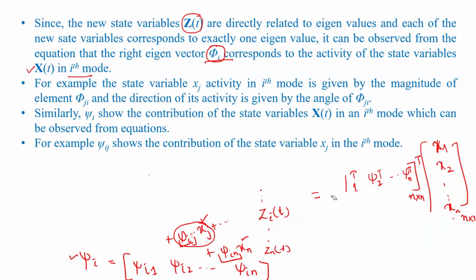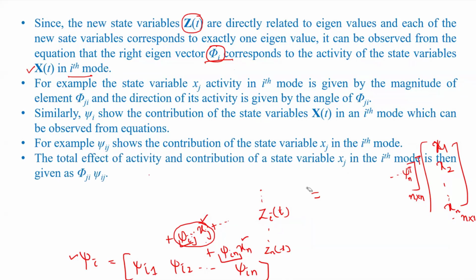Okay, so now the total effect. In order to find the total effect of the state variable in the ith mode, we need to define a variable that is known as the participation matrix.